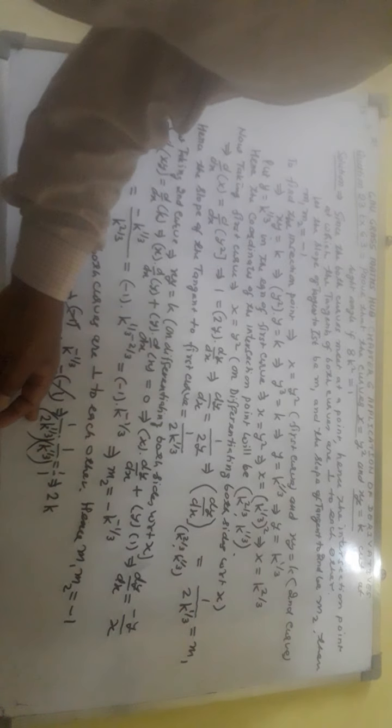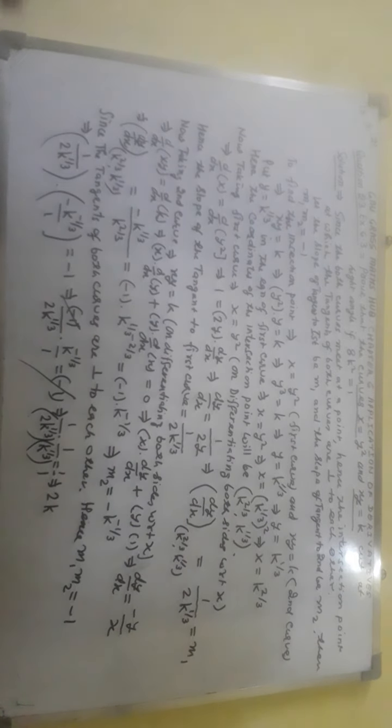Next both things will be multiplied together. So we'll get 2k, multiply this one. This one 2 to 2, or k base will be the same. 1/3 plus 1/3 comes out to be 2/3. So here we will get 2k raised to the power 2/3 equal to 1.